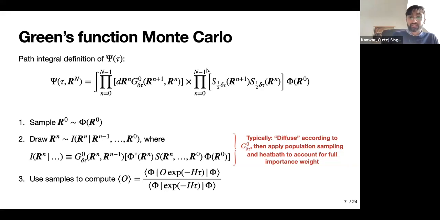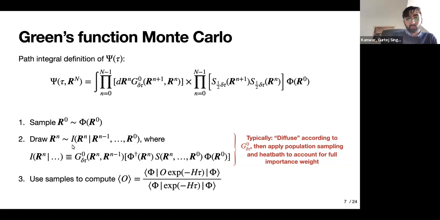And then the idea is to sample successive coordinates. So starting from R0, we should then sample R1, which is one step of delta tau forward in imaginary time, and then R2, R3, and so on. And to do so, ideally, one would draw the nth set of coordinates of the A nucleons conditioned on all the previous coordinates that have been seen in the path.